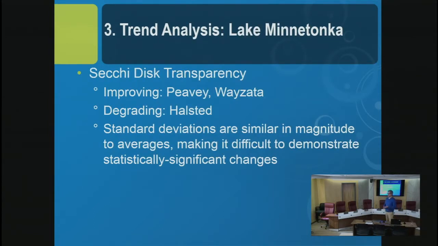For Lake Minnetonka, instead of looking at the individual bays, I thought, let's look at it by water quality measure, like transparency. So improving bays, PV and Wayzata, degrading, Wayzata. But again, one of the things with Secchi disk transparency is it doesn't have a huge range of values.